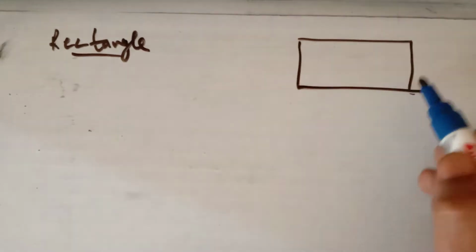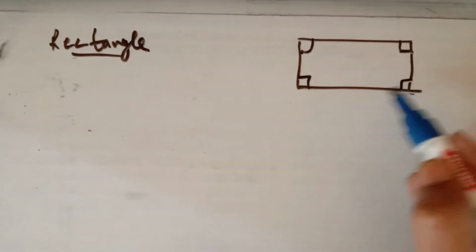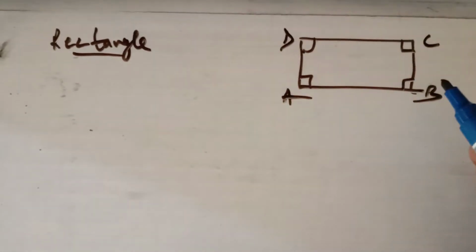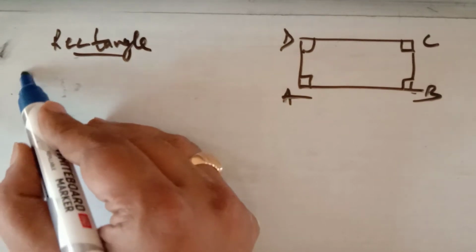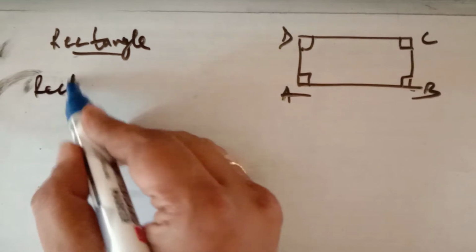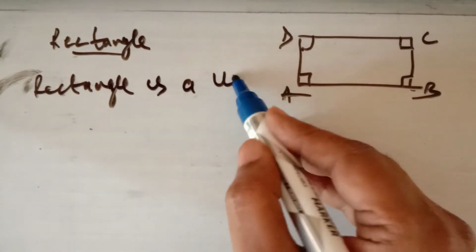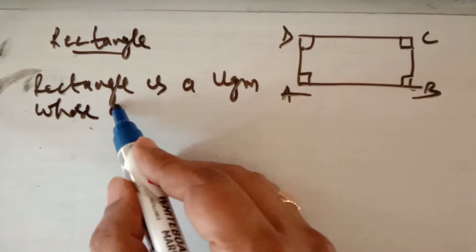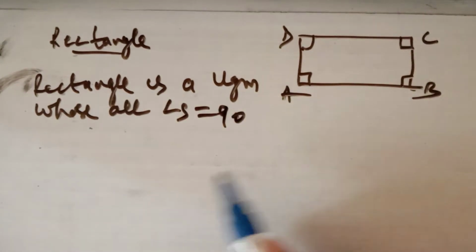A rectangle is a parallelogram in which each vertex angle is equal to 90 degrees. A rectangle is a parallelogram whose all angles are equal to 90 degrees. Every angle is 90 degrees.